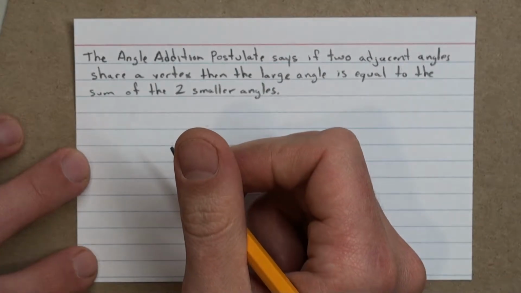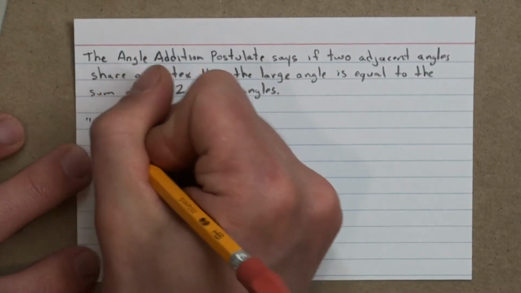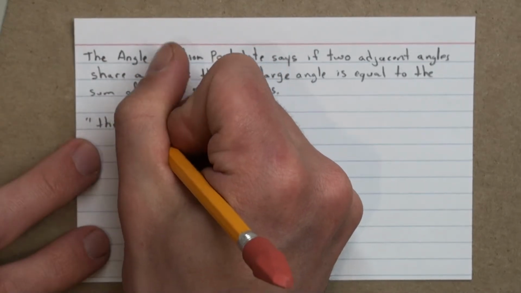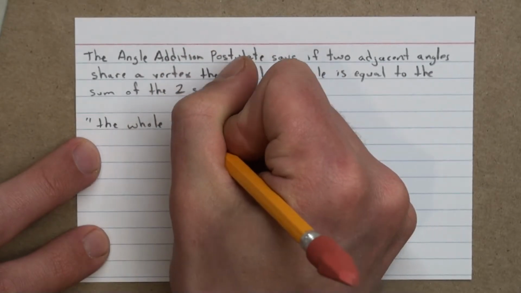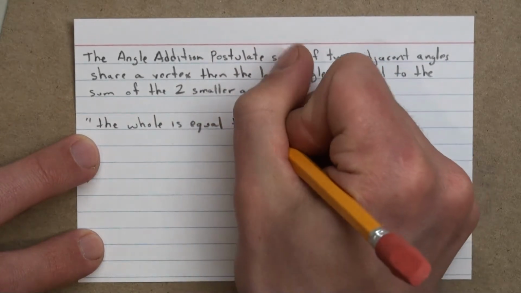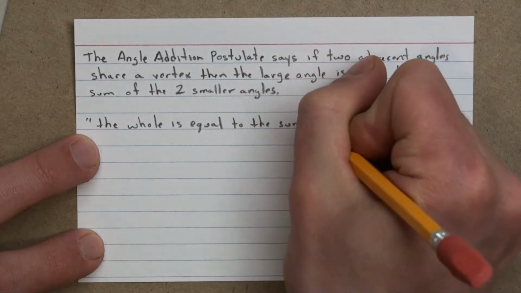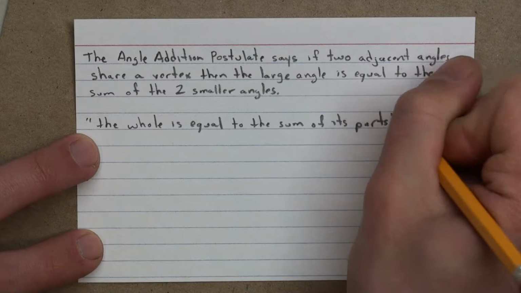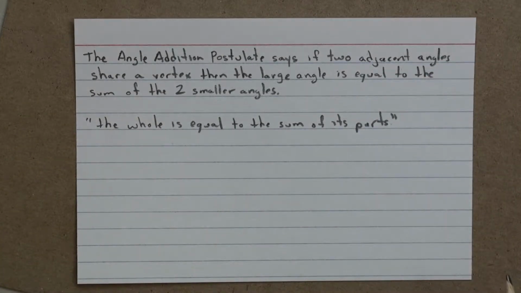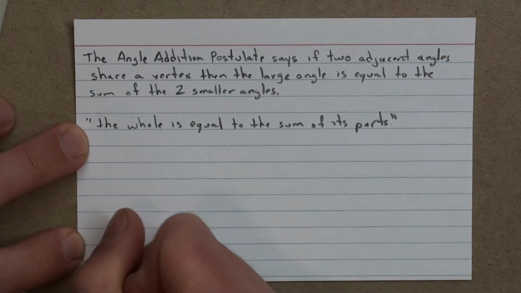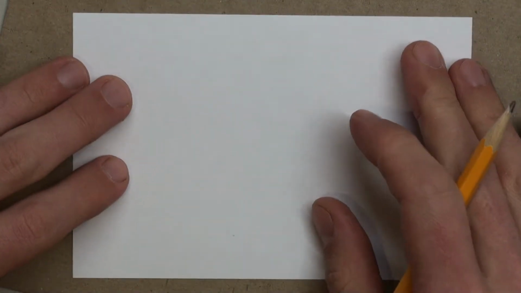And sometimes we like to write this as the whole is equal to the sum of its parts. And don't get too crazy on this one. This is actually something that's very obvious that they put down in a theorem. And you'll see when I draw the picture what I mean.